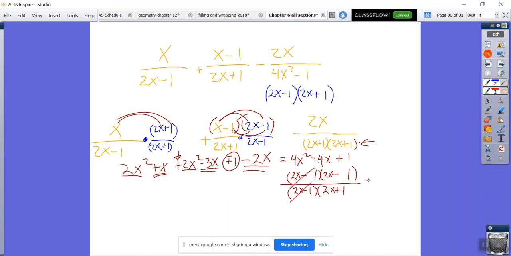And so we're just left with 2x minus 1 over 2x plus 1. And let's check the answer key. I feel really good about this, but let's just double check. So which number was that? 54. Oh, yep, and that's what the book has. Yeah, it's in the book.